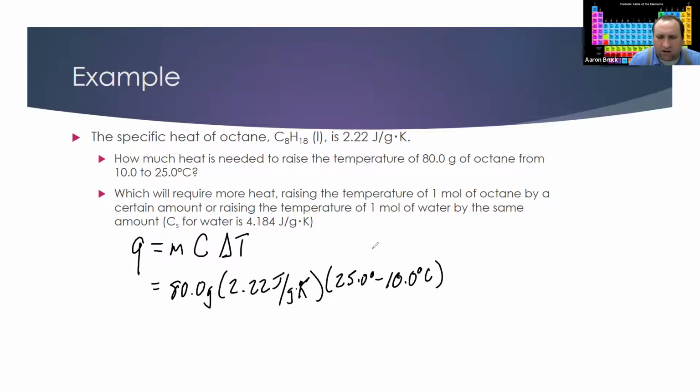If we do the subtraction here, that would mean that we have a value of 15 degrees Celsius for the change in temperature. So Q here would be just the product of those three numbers.